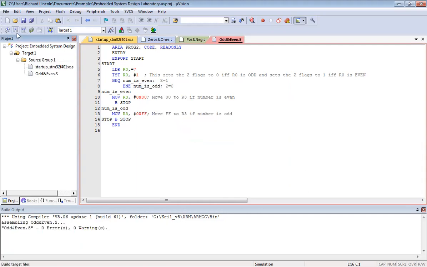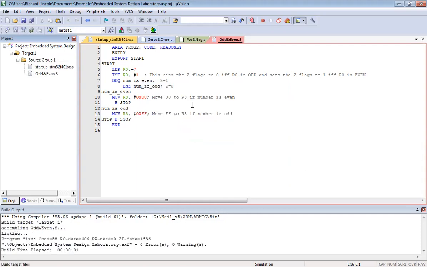Okay, 0 errors. Fine. Now, how does this work? Odd and even. As I mentioned previously, we are looking at the LSB bit. There we were looking at the MSB bit, B31, and here we are looking at B0.